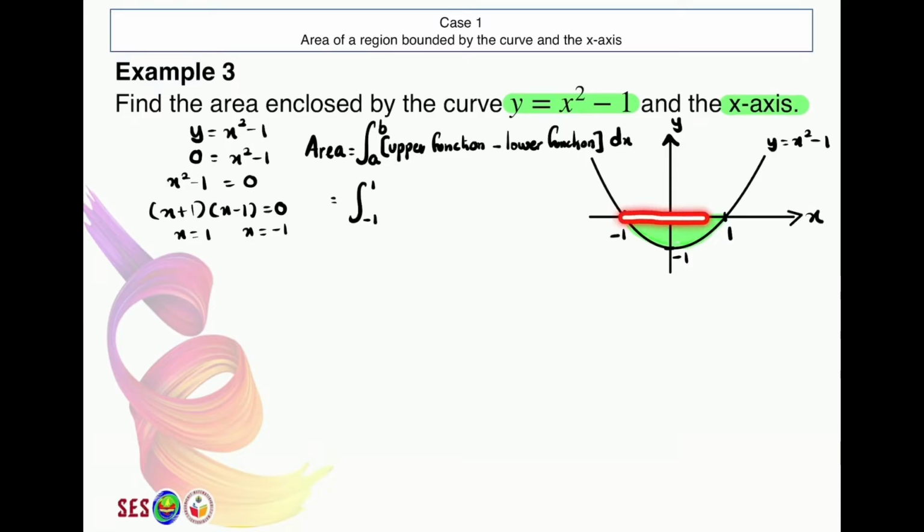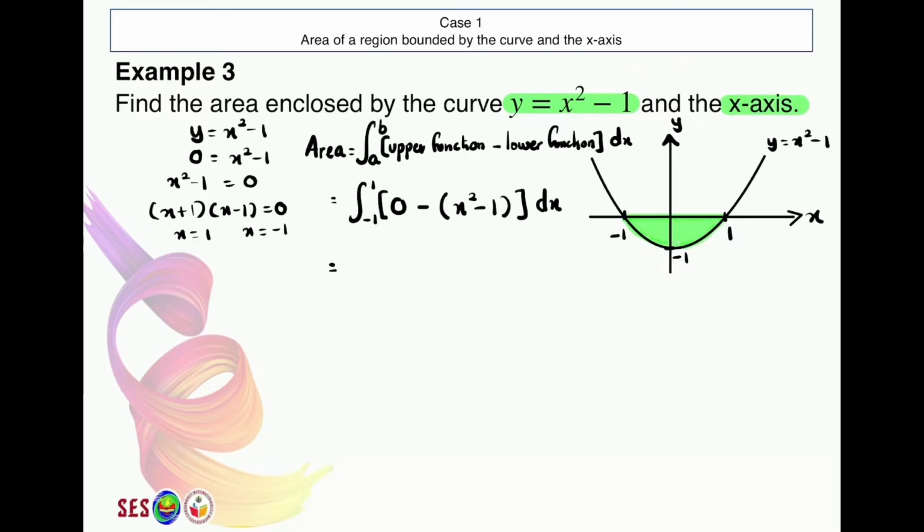This is at y equals 0, so your upper function will be 0. And your lower function is this right here, x squared minus 1. The whole thing you integrate with respect to x, so you put dx.